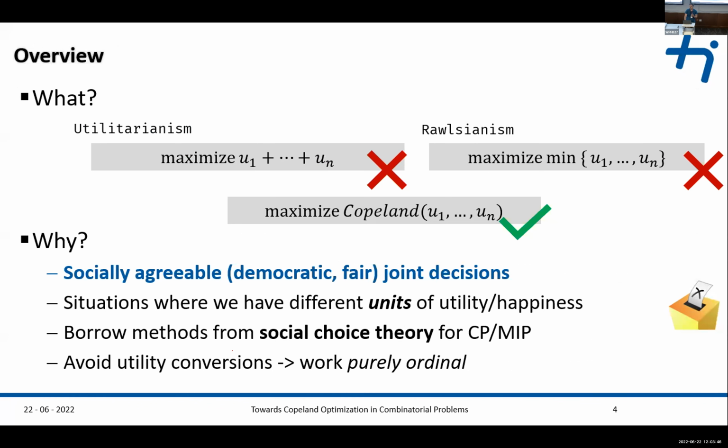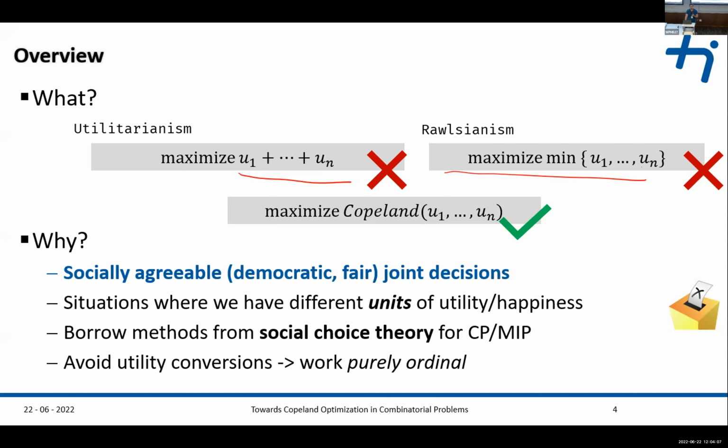So in a nutshell, this is what we want to get rid of. As Guido put it nicely, I don't want to model with integers and I don't want to sum them up for objectives either. I also don't want to do things like maximize the highest dissatisfaction.